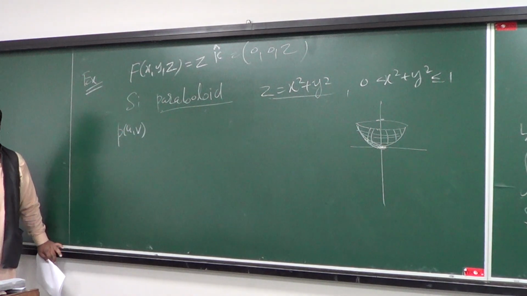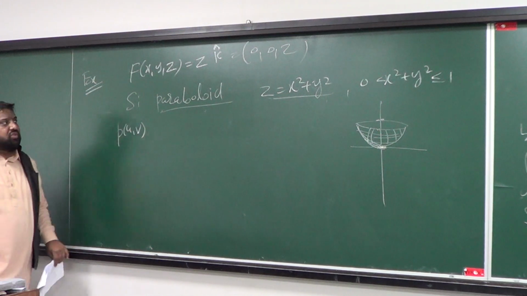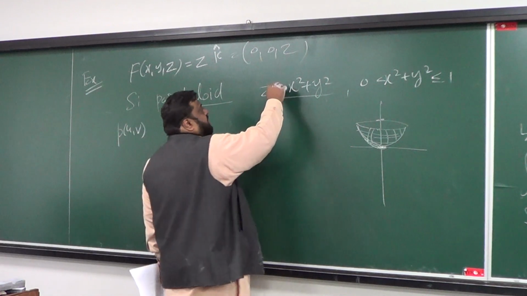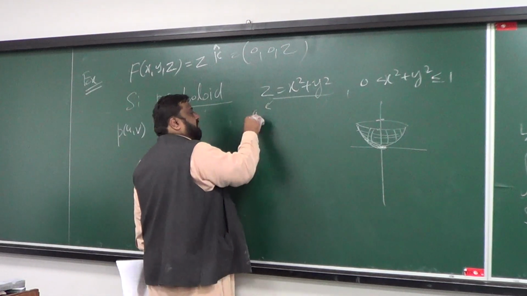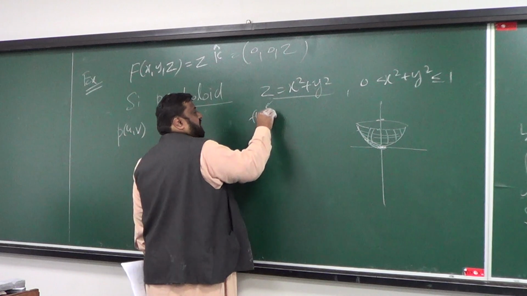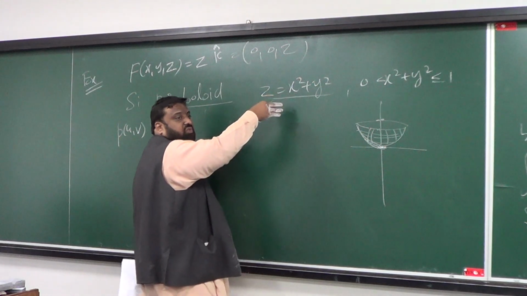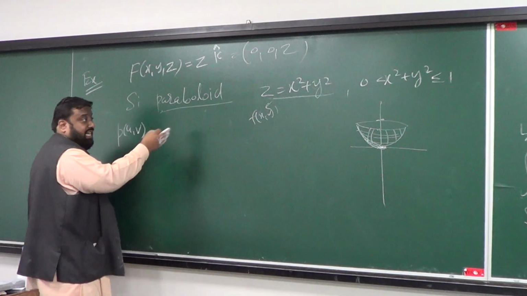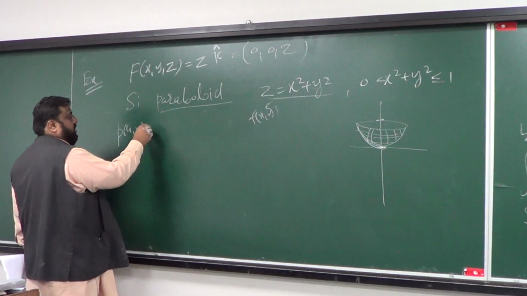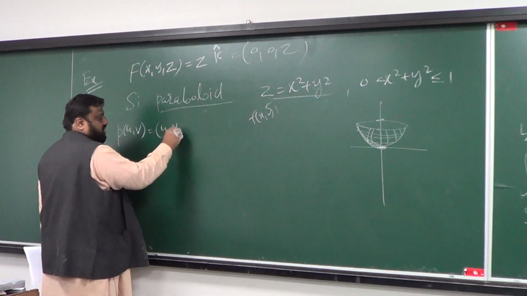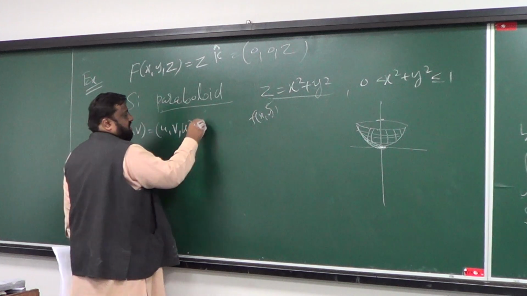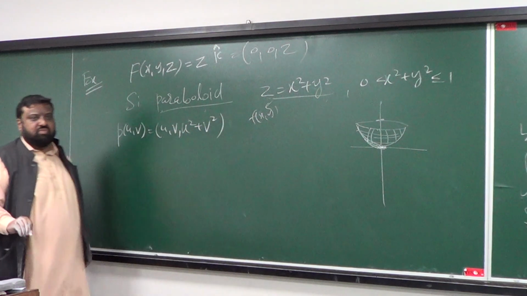In other words, you have been given a function f of x y. So you're going to use a patch, or a graph of the surface. So it's going to be u, v, and u square plus v square.